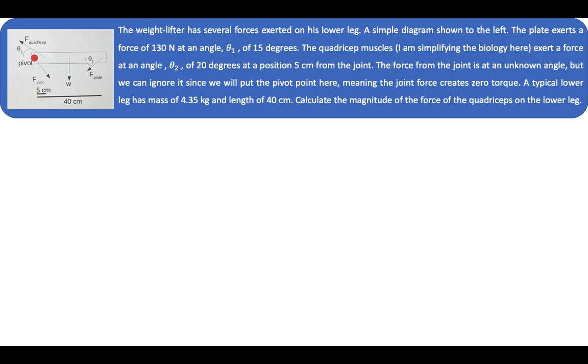In the first step, we have to identify what information is given and write it down. Given the length of the lower leg L equals 40 centimeters. Then we convert to meters and we get 0.40 meters.